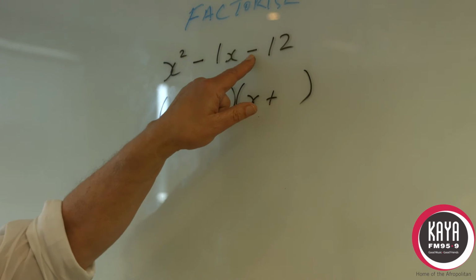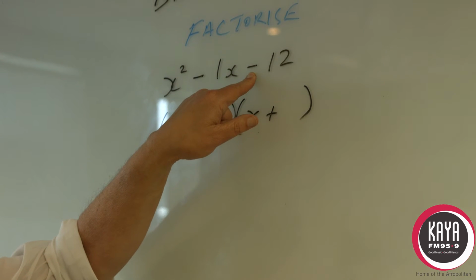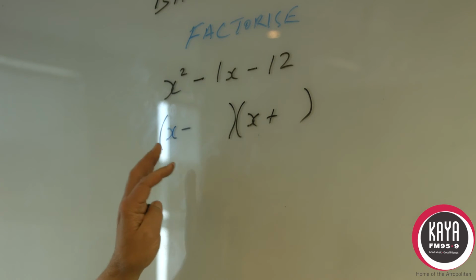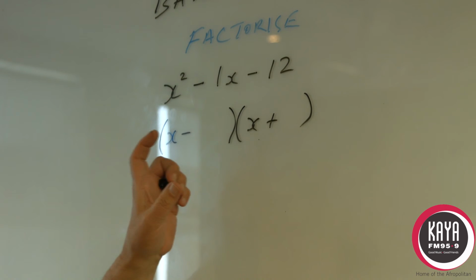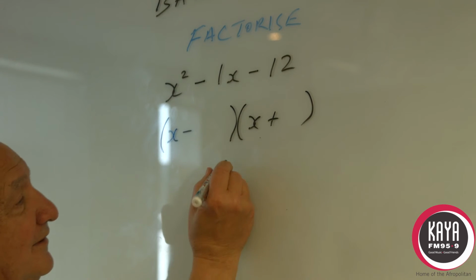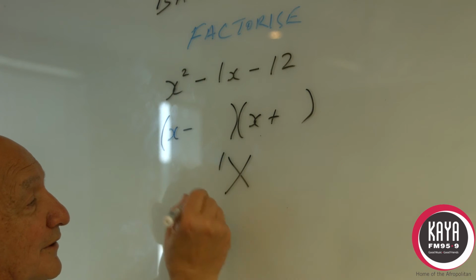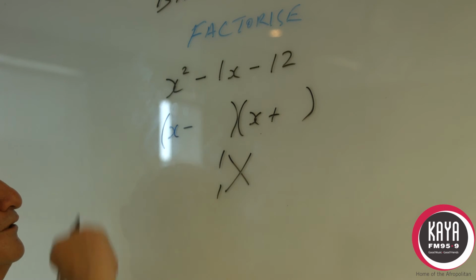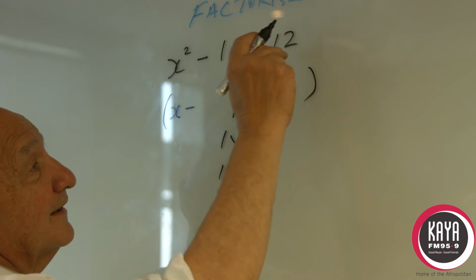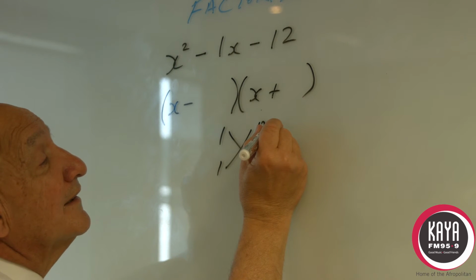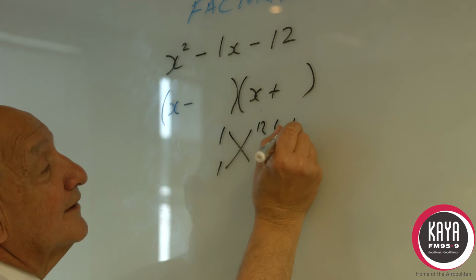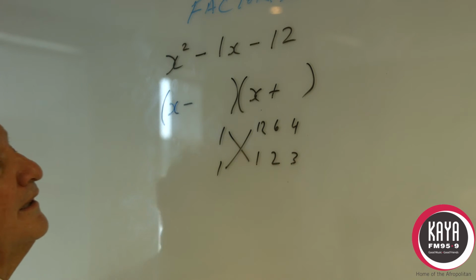When you have a minus in the second place of the trinomial, you're going to end up with a minus and a plus. So if we go again and do our factorization, by now we know it's 1 times 1 for the coefficient of x squared. And then for the constant, it's 12 and 1, and also 6 and 2, and 4 and 3.